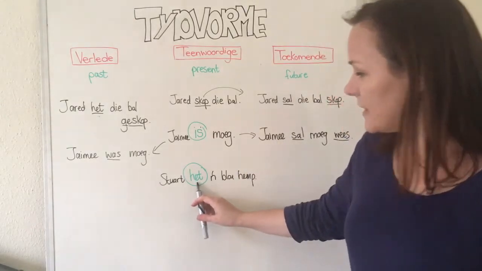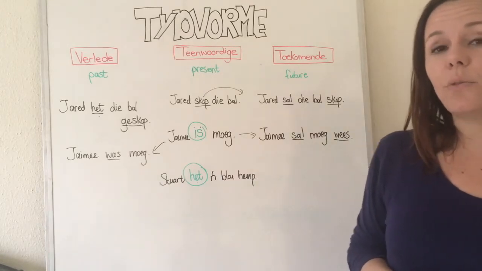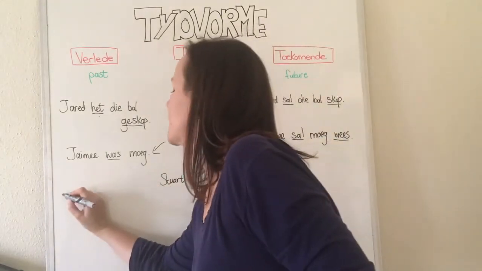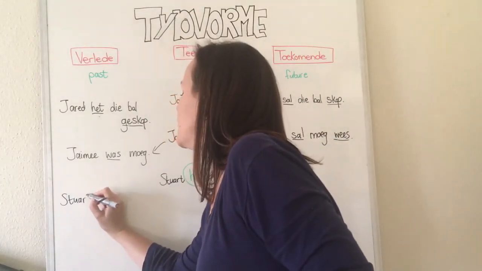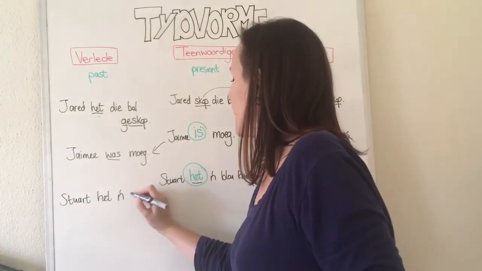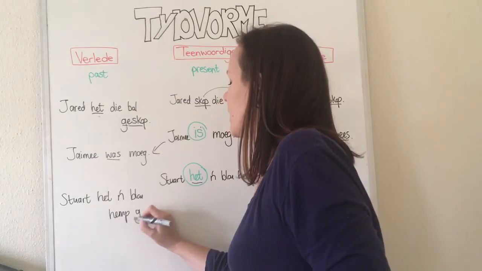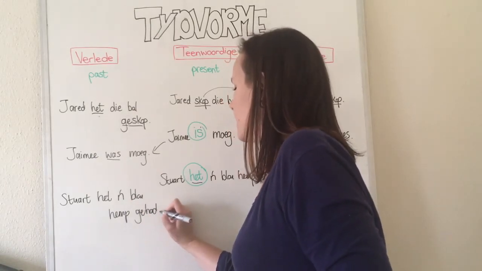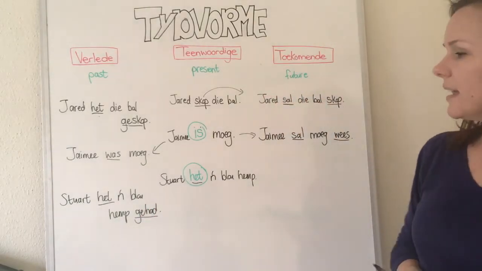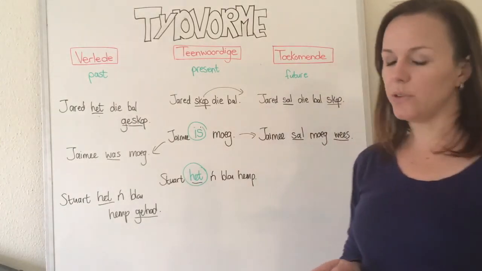We keep het the same, but at the end we're going to add the word gehad, which means had. Okay, so this will become Stuart het, stays the same, 'n blou hemp gehad. Okay, so het stays the same and we put gehad at the end. Stuart het 'n blou hemp gehad. Stuart had a blue shirt.